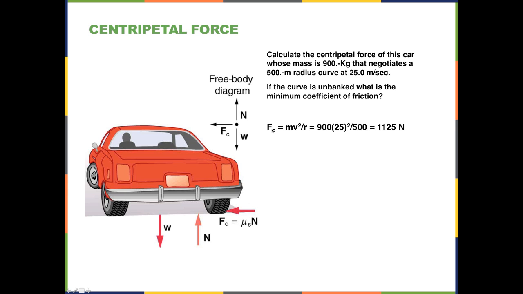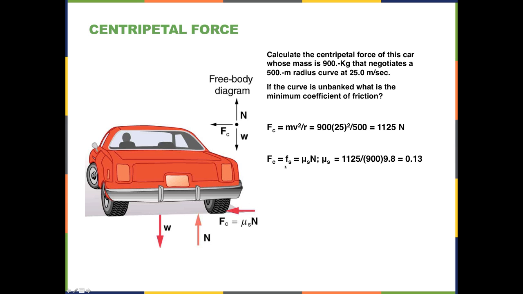So first of all, the calculation of centripetal force. Here's your formula, mv squared over r. The mass is 900, the velocity is 25, the radius of curvature is 500. You do the math and you get 1125 newtons. The prevention of spinning out is when these two forces are equal.